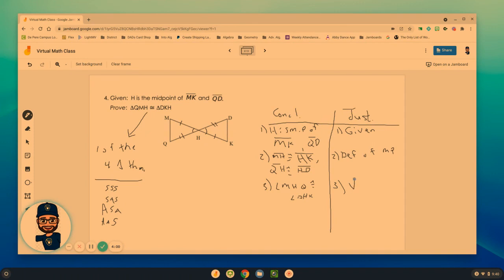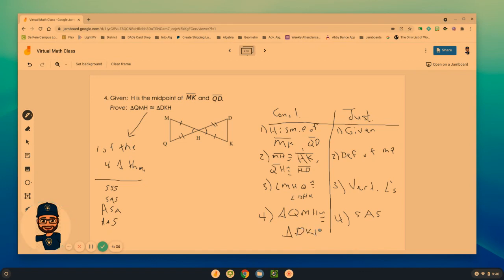That would be vertical angles, or the vertical angles theorem. And now I've got a side angle side with a side angle side. So there's our justification, side angle side, that the two triangles are indeed congruent. Triangle QMH is indeed congruent to triangle DKH.